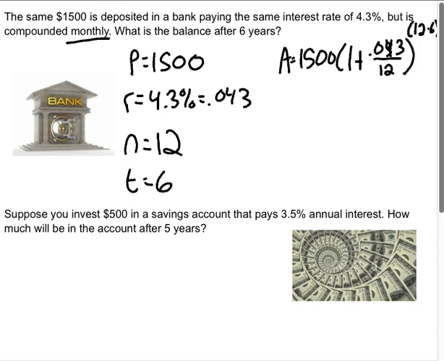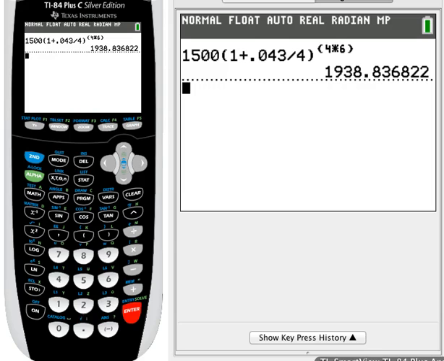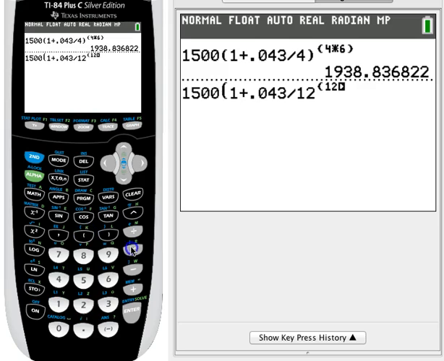Let's see what happens when we plug that in. Now we're going to type that straight into the calculator. 1,500, 1 plus that same interest rate, 0.043, but this time it's divided by 12, to the 12 times 6.